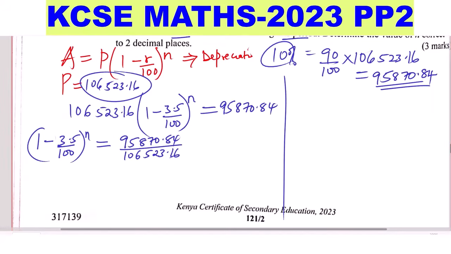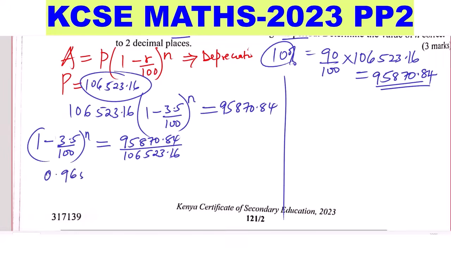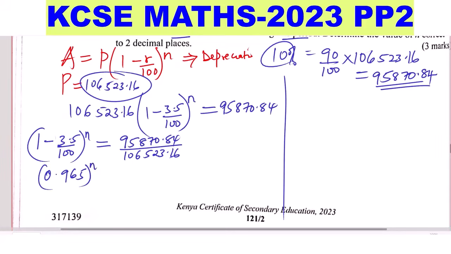So 1 minus 3.5 over 100 will give 0.965 raised to power n, which is equal to, when you divide that, 0.9.